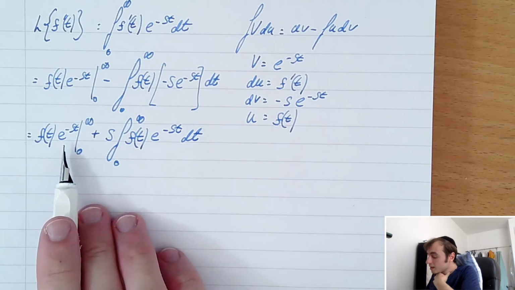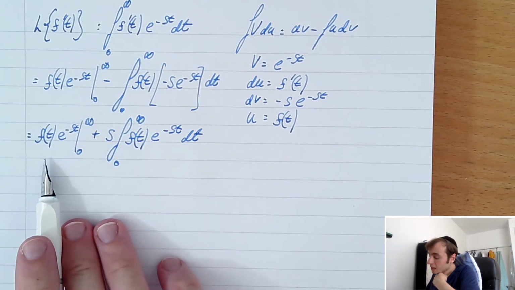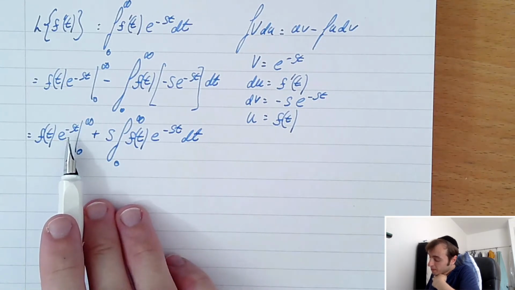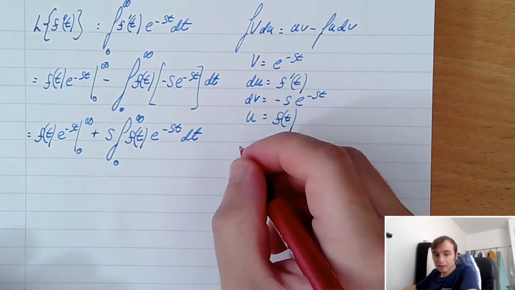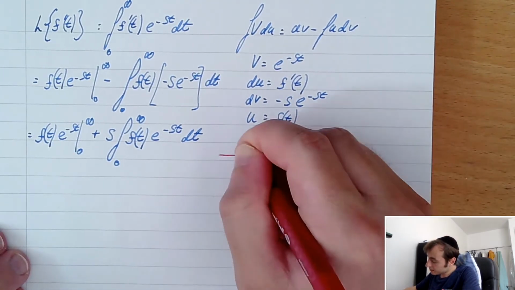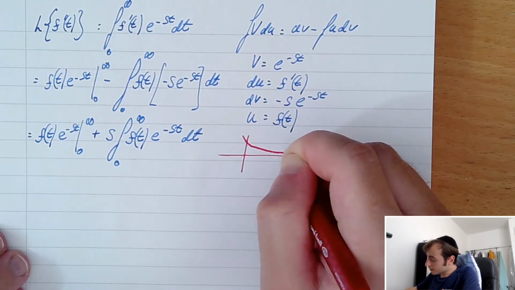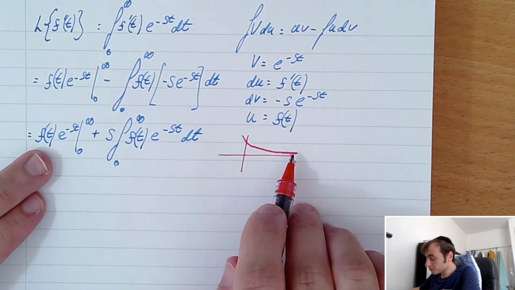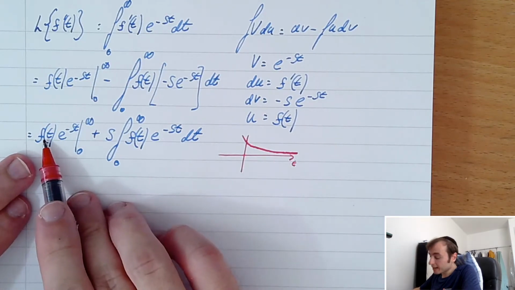Now, the bit we have to think about here is what this first term is going to evaluate to. We know what e to the minus st is going to look like. It's going to tend to 0 as t tends to infinity. The only problem is that we've got another function here that we're multiplying it by, f of t.